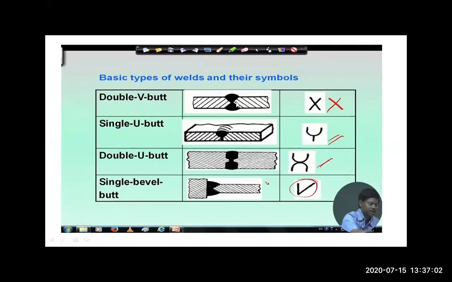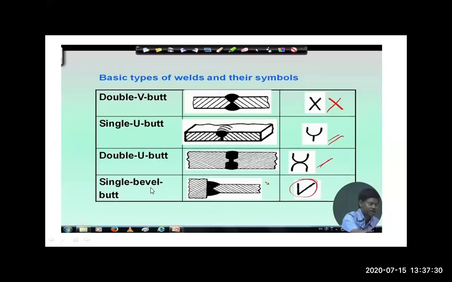The plates are cut like this, in the form of an X. So for double V, the welding is done. Then single U butt. Here the shape they have given for the welding is U. Then double U butt joint. See, like this. The symbol is this and the U joint is like this.